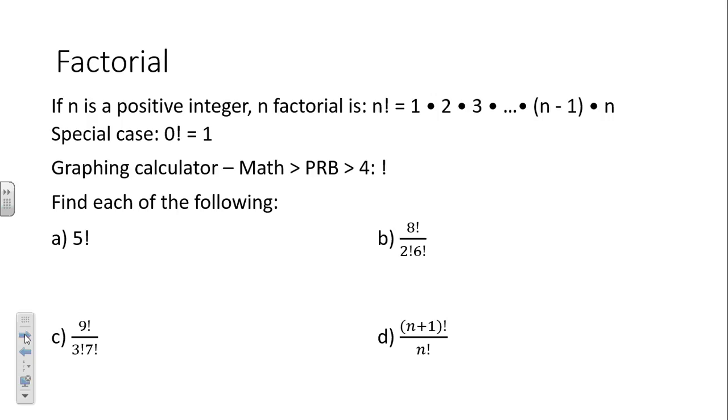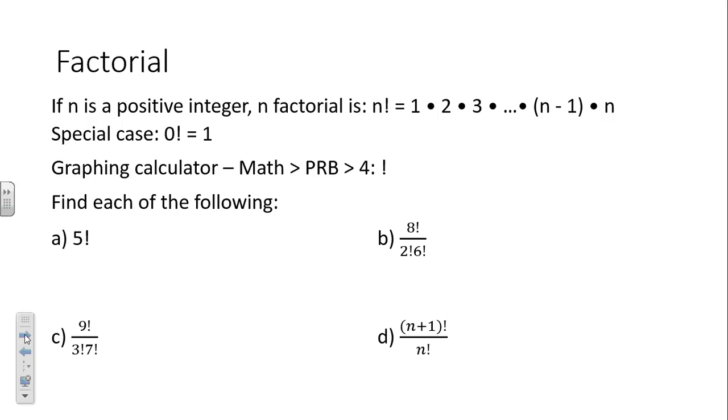Almost. Not adding. Multiplying. Yep. 5 times 4 times 3 times 2 times 1. Our book's going to define it as 1 times 2 times 3 times 4 times 5. I prefer to see it the other way, 5 times 4 times 3 times 2 times 1. And there's a reason for that.